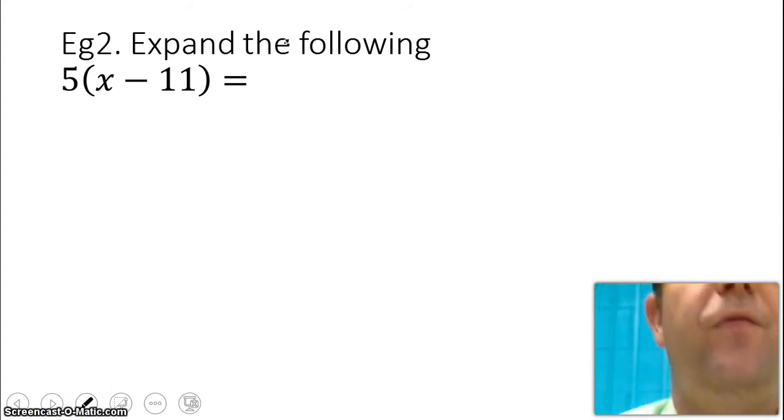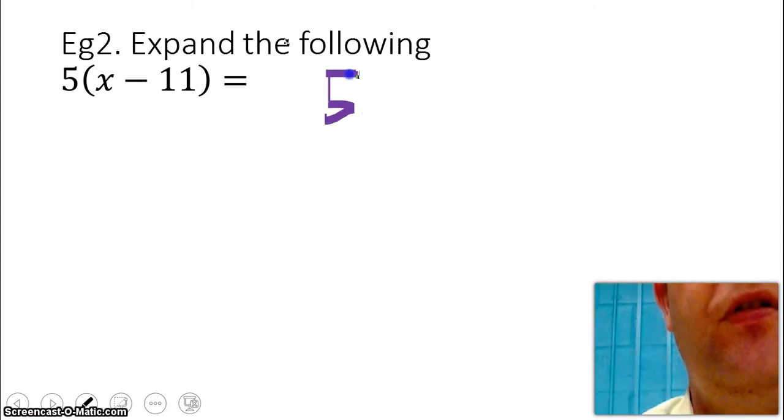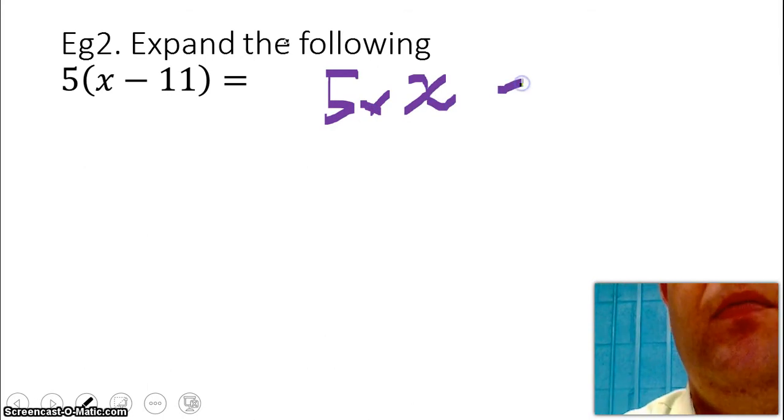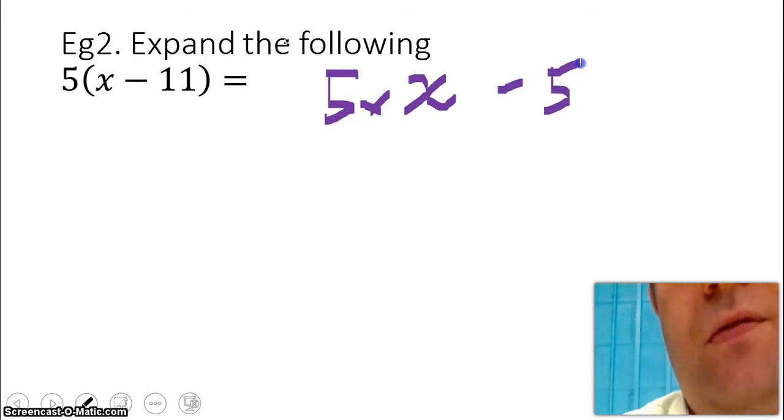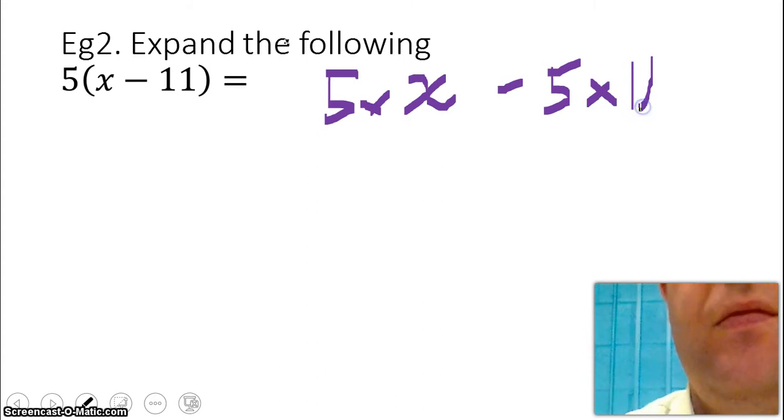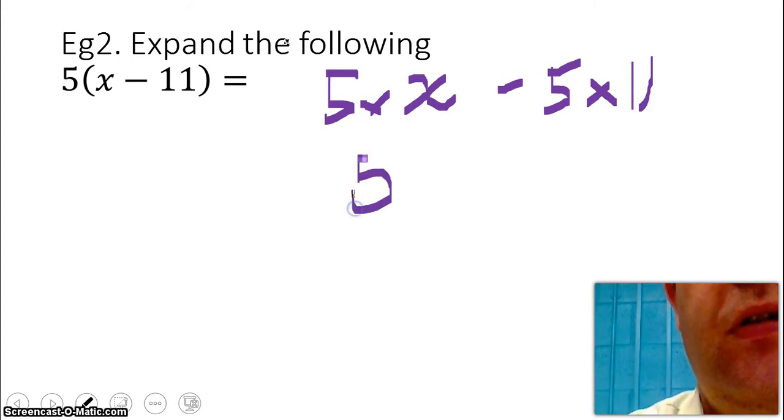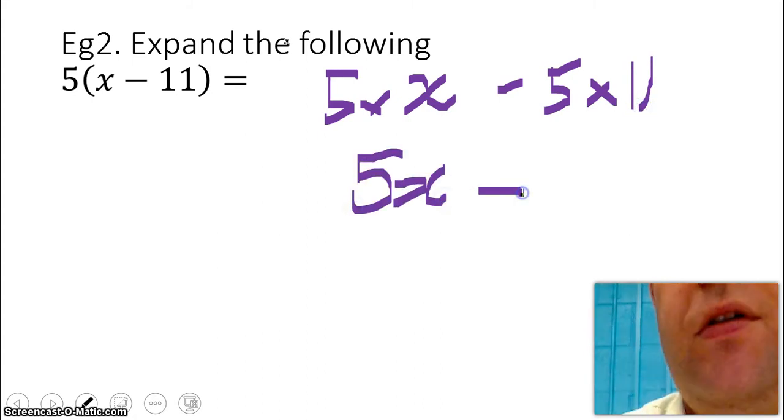Similar one, got a 5 on the outside, so it's going to be 5 times x minus 5 times 11. 5 times x is 5x minus 55.